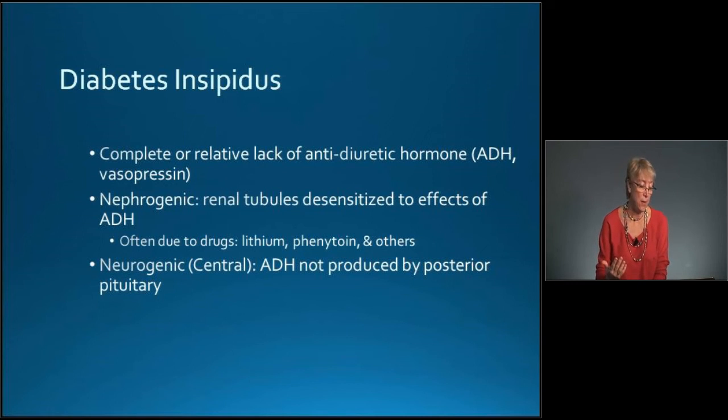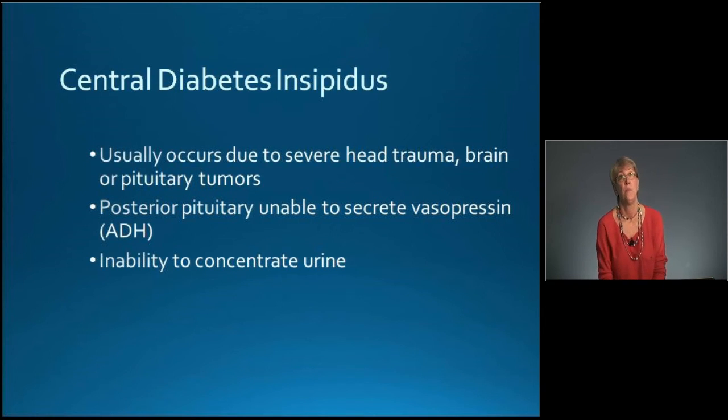Potentially they have either damage to the pituitary or some type of tumor. So again, usually it can occur due to severe head trauma, which damages the pituitary, or brain or pituitary tumors. So central diabetes also may be because the posterior pituitary is unable for some reason to secrete vasopressin.